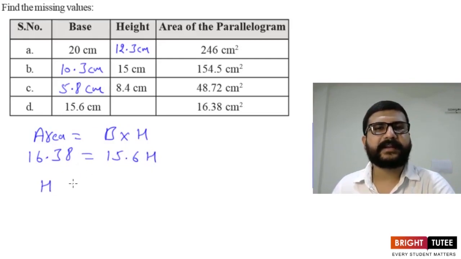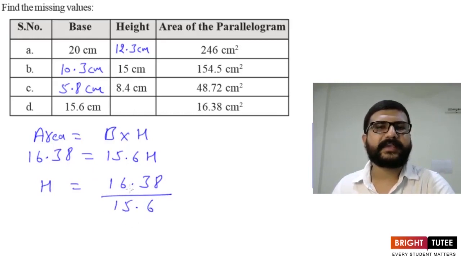So when transposing 15.6 on the left side, we will get 16.38 upon 15.6 is equal to h, or we can write it as h is equal to 16.38 upon 15.6. Now again we are having division of two decimal numbers and we know how to divide two decimals.